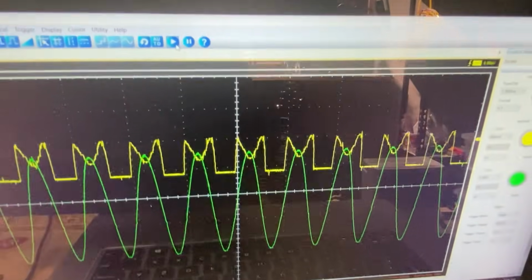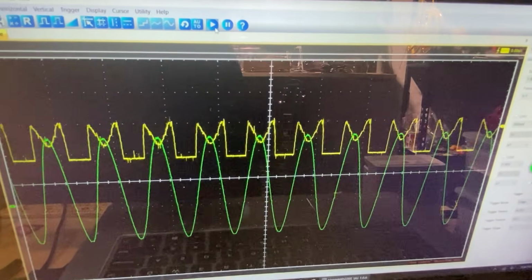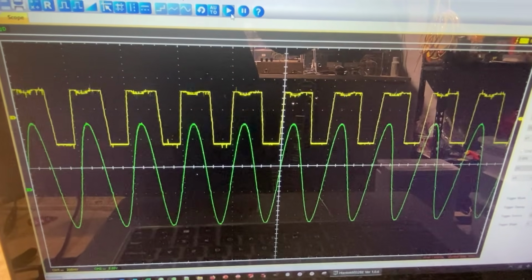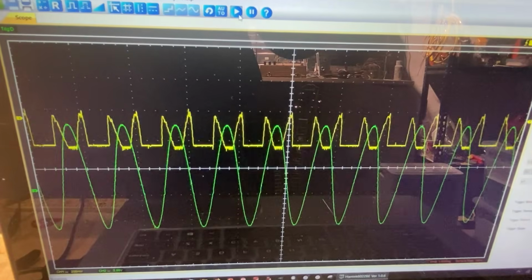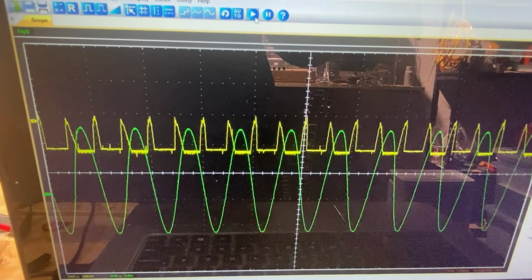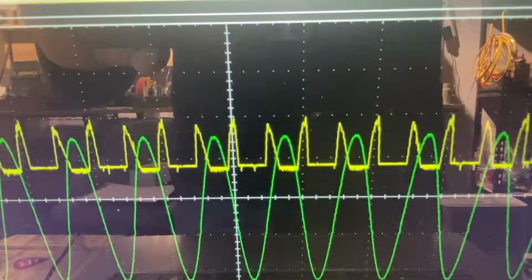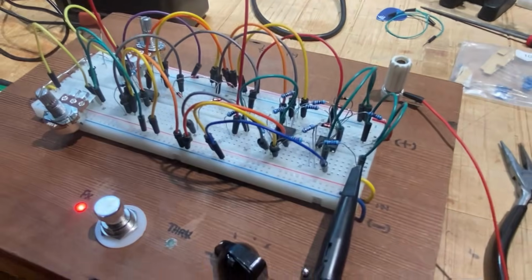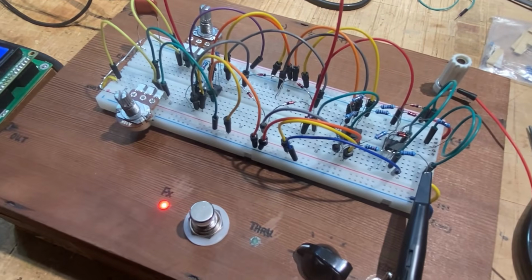Well, it's not working as I would have expected. If I keep turning that up, it basically pegs it and it goes into a square wave. All right. I don't know. I'm going to have to take a closer look at what's going on in here. Not out of the woods yet.